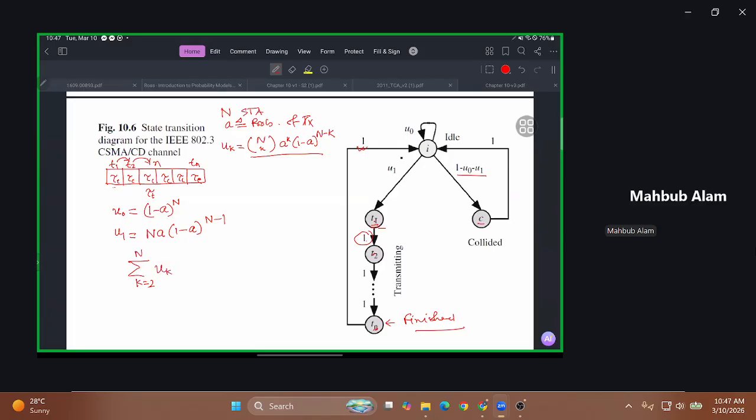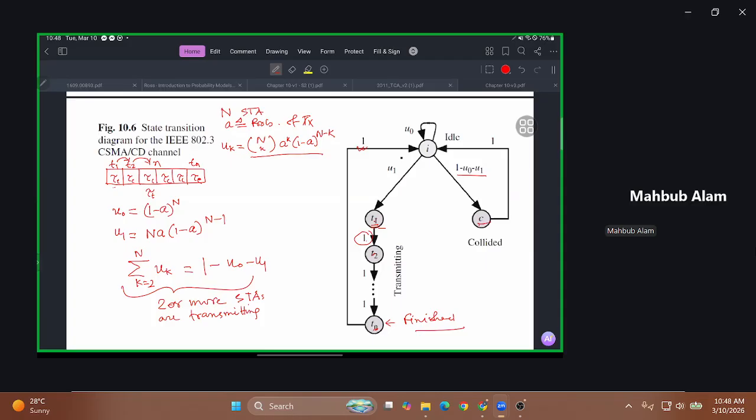You will get the same value, or you can just calculate it in this way. Either way, we can get the probability that two or more stations are transmitting and leading to a collision.